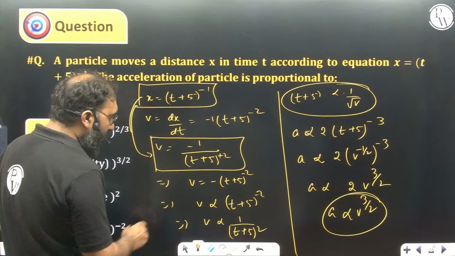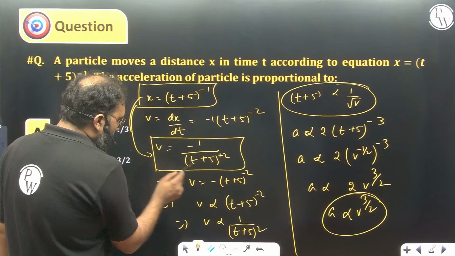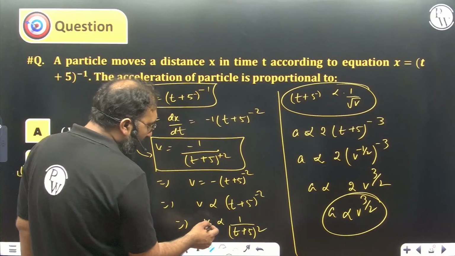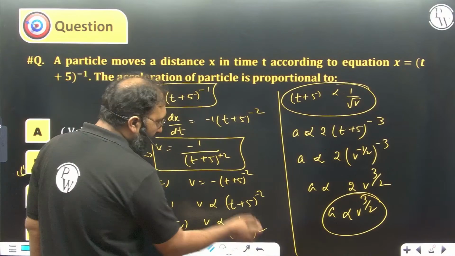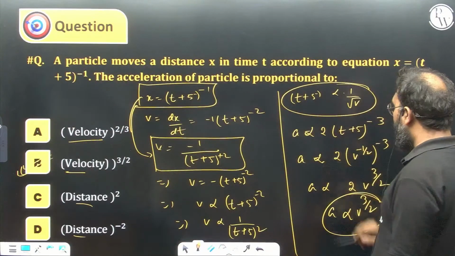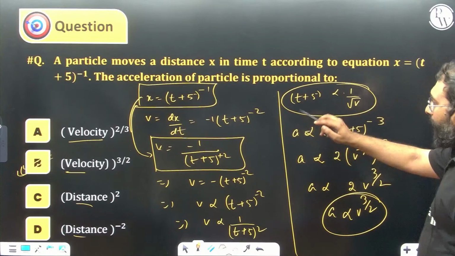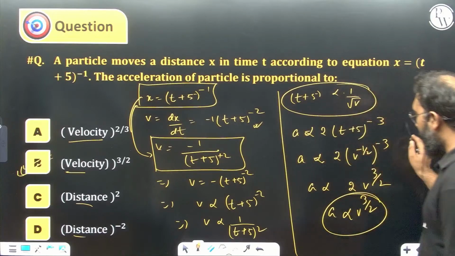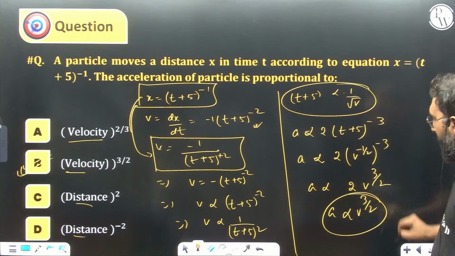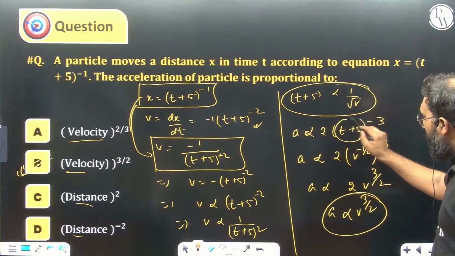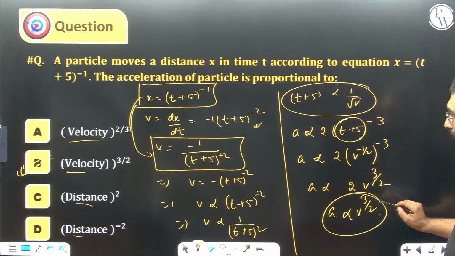So I found the relation between t plus 5 and velocity, and I got that velocity is proportional to 1 upon (t plus 5) whole square. So t plus 5 is proportional to 1 by root V. Then I differentiated this expression one more time, calculated the acceleration, and in my acceleration expression t plus 5 is replaced by 1 by root V, and we have got the final answer.